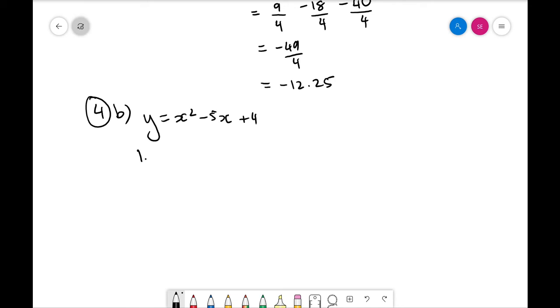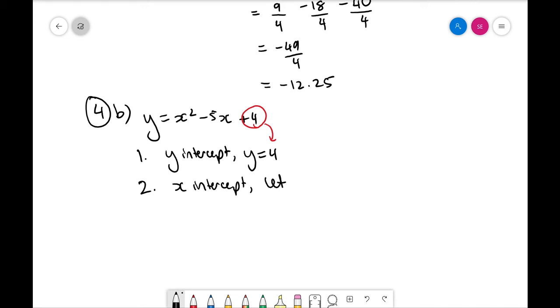So our y-intercept is just y is equal to 4. Cool. Our x-intercept, we'll let y is equal to 0. So we get 0 is equal to x squared minus 5x plus 4.